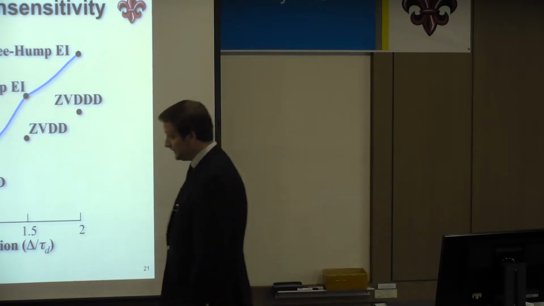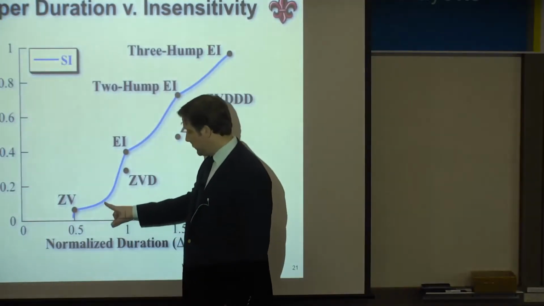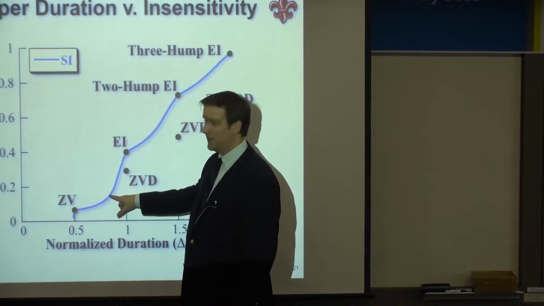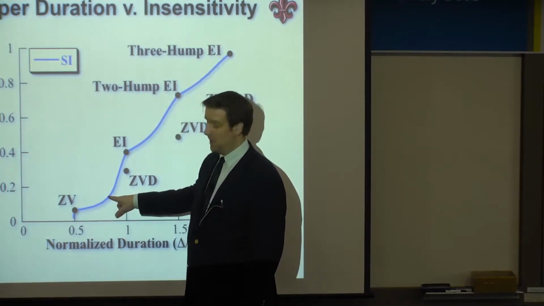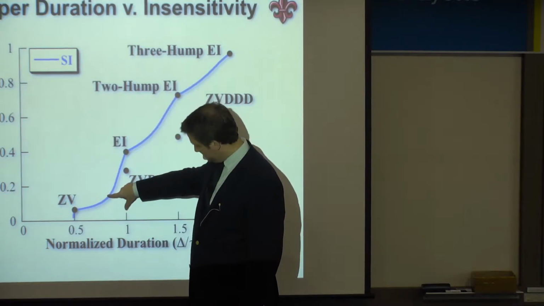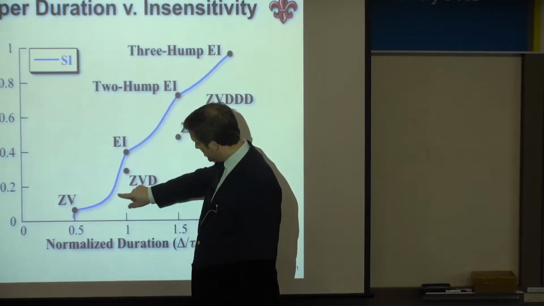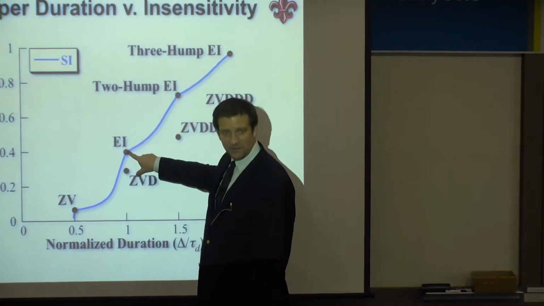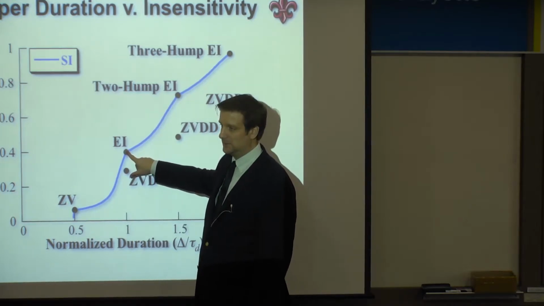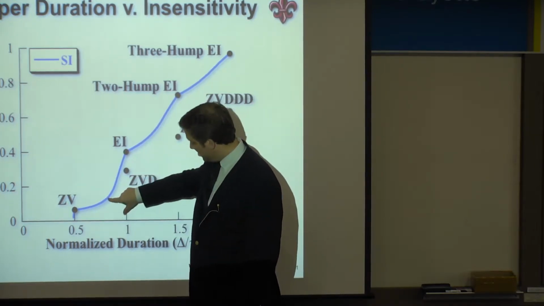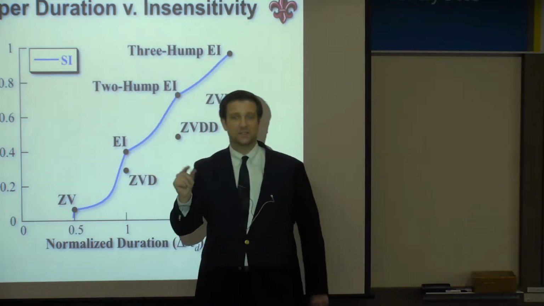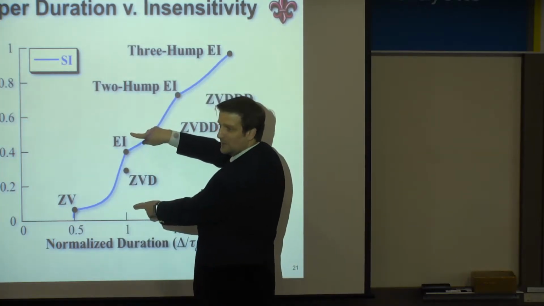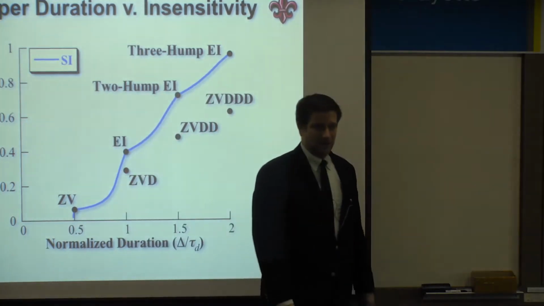So for example, you wouldn't want to design some shaper to be here. Because if you just let your duration increase a little bit, you get a lot of robustness, a lot of insensitivity for that change. So if you're right here, you can just add a little bit of duration and get a lot of robustness for that change.